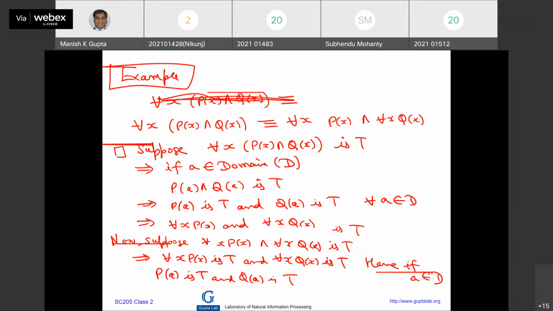Since P(x) and Q(x) are both true for every x in D, we have for every a in D, P(a) meet Q(a) is true. This implies that for every x, P(x) meet Q(x). The black box is closed, meaning the proof ends.